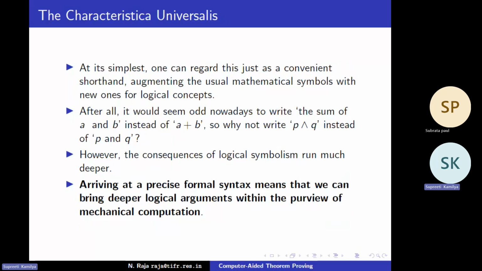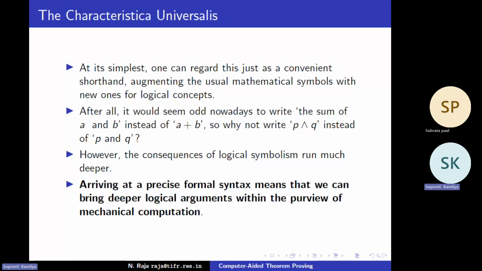And then we write something like this instead of saying P and Q. So this symbolism is not just on the surface. The actual consequences of having symbols for these notions run much deeper. Getting a very precise formal syntax is a very crucial step.